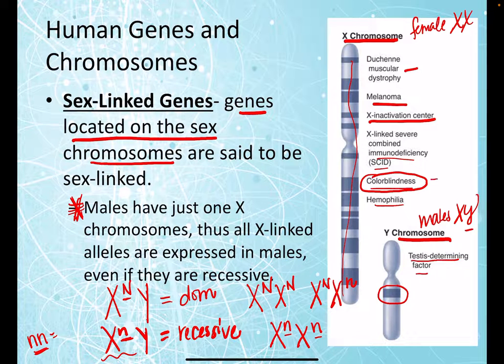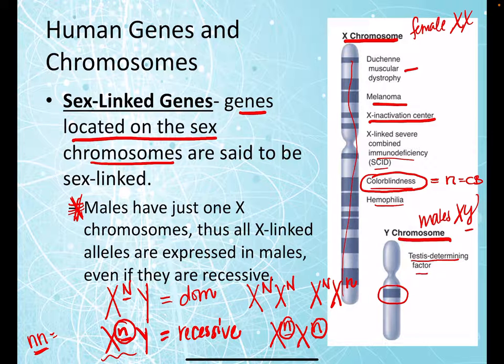So let's think about things like color blindness, okay? Color blindness is a recessive trait. So that means little n codes for color blindness, okay? So for a male to be colorblind, he only has to get one copy of that bad allele, versus females have to get two copies of that bad allele.